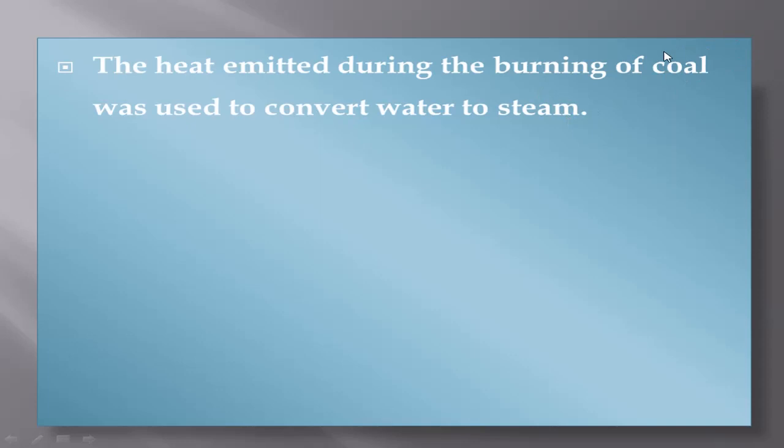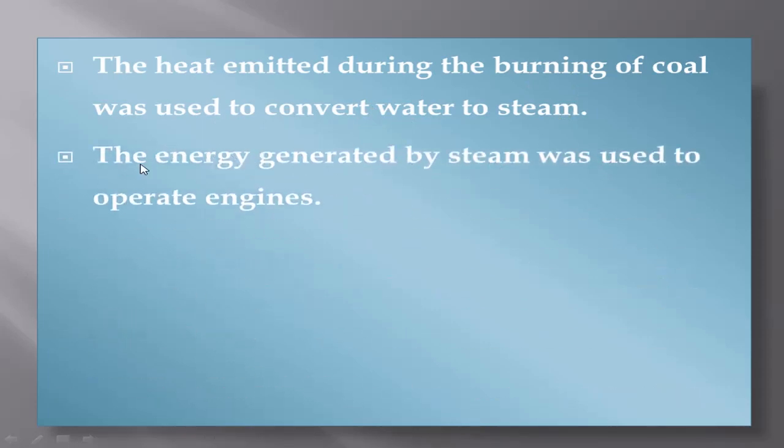Coal is one of the types of fuels. Fossil fuels contain coal, petroleum oil and petroleum gas. The heat emitted during the burning of coal was used to convert water to steam.